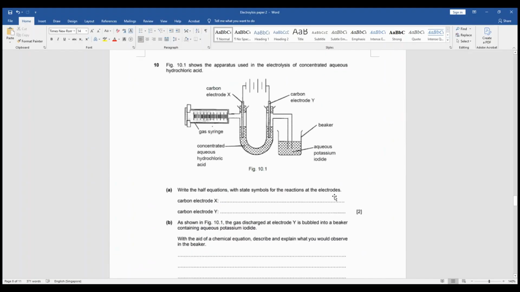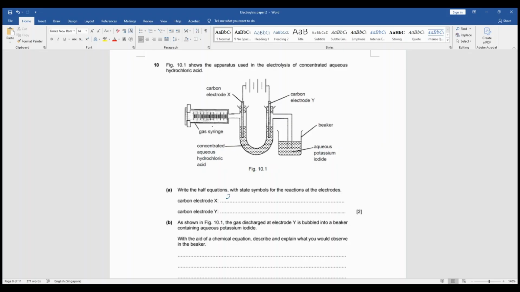Okay, question 10. Apparatus used in electrolysis of concentrated aqueous hydrochloric acid. Write the half equation with state symbols for each electrode. But this is concentrated. At X, which is your cathode, it's H plus.